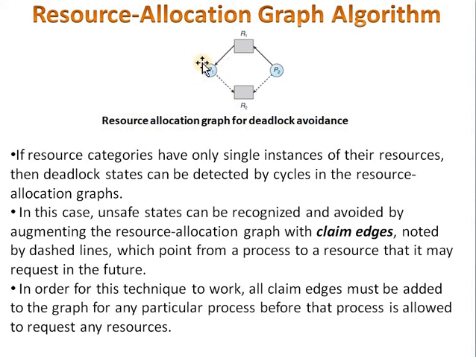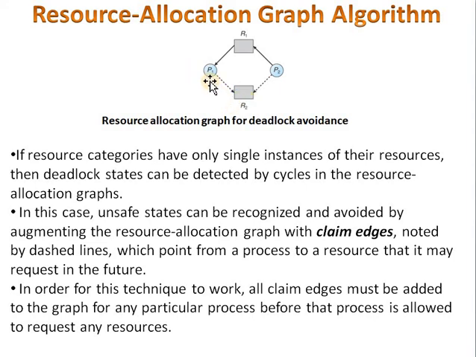Suppose process P1 requires resource R2 in the future, then the claim edge is drawn from the process to the resource, and the claim edge is denoted by a dashed arrow. This is a claim edge.